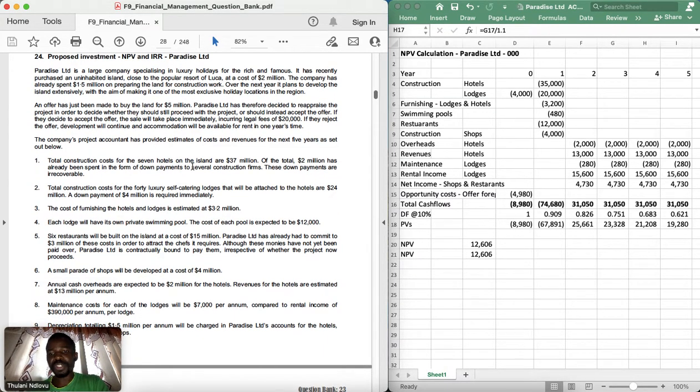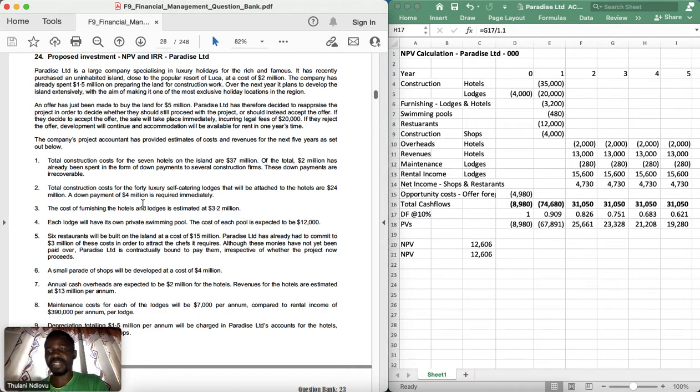Then on note number 1, we have got this 2 million that has already been spent. It's also a sunk cost, so it's irrelevant for decision making. That's why we say 37 minus 2 million, we get the relevant cost as 35 million. Then in note number 2, everything is relevant, as the 4 million is a down payment immediately when we are developing the land, and the whole 24 million will arise as a consequence of developing the land.